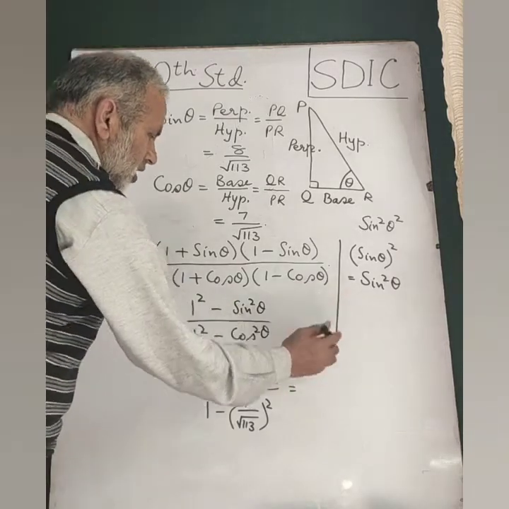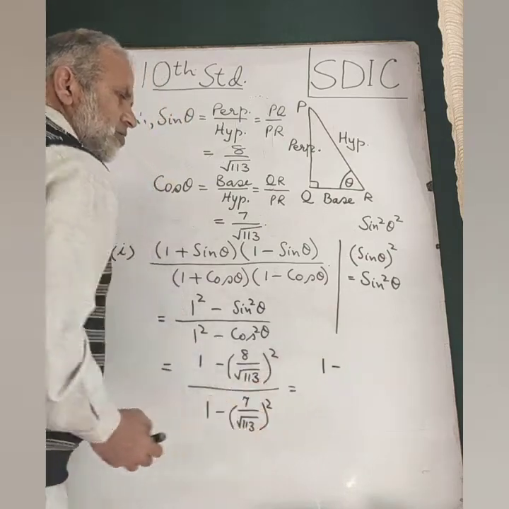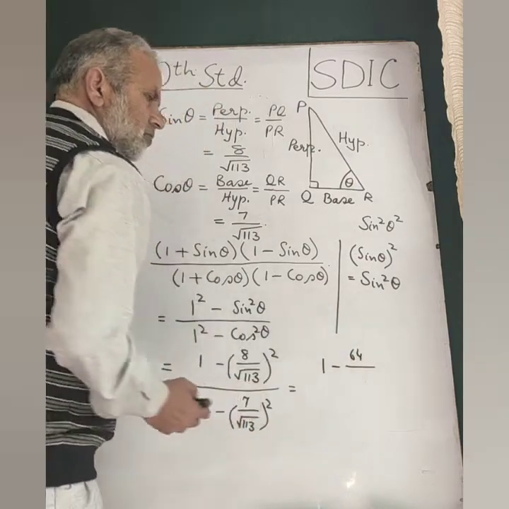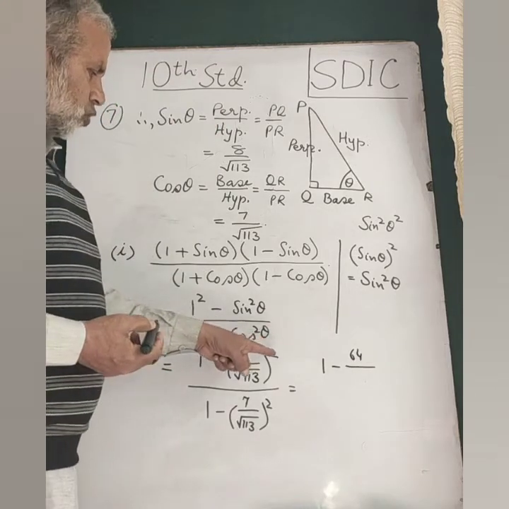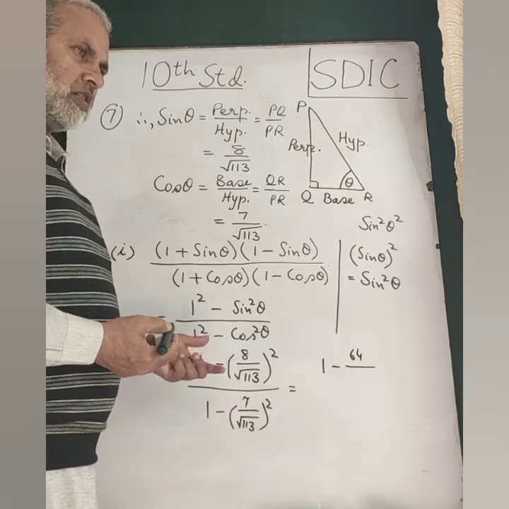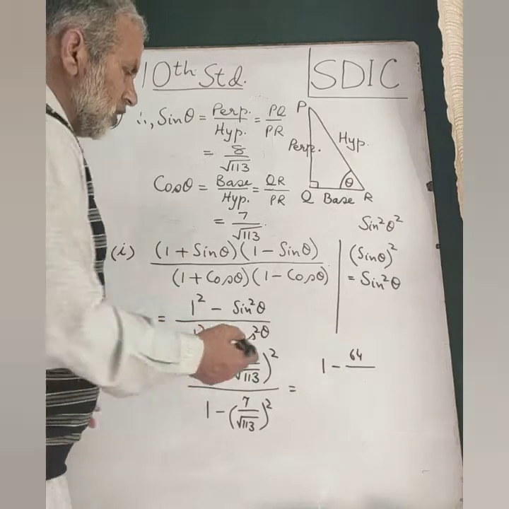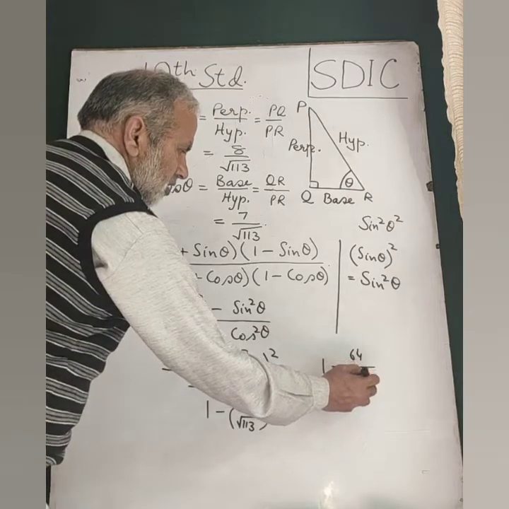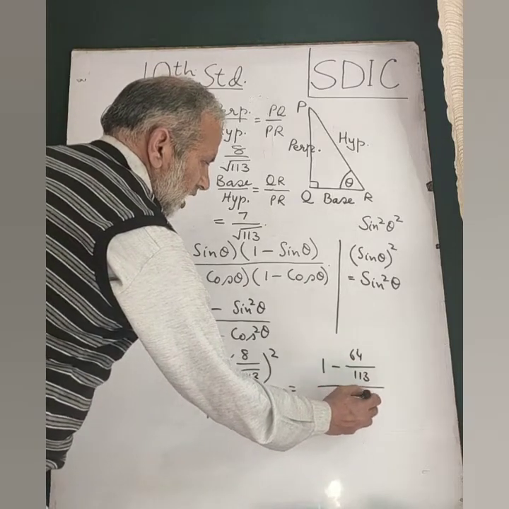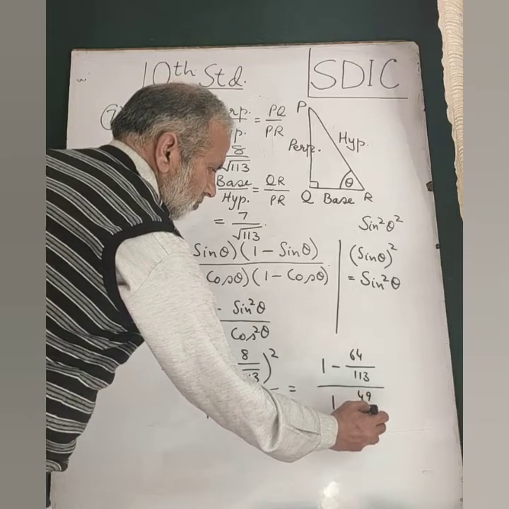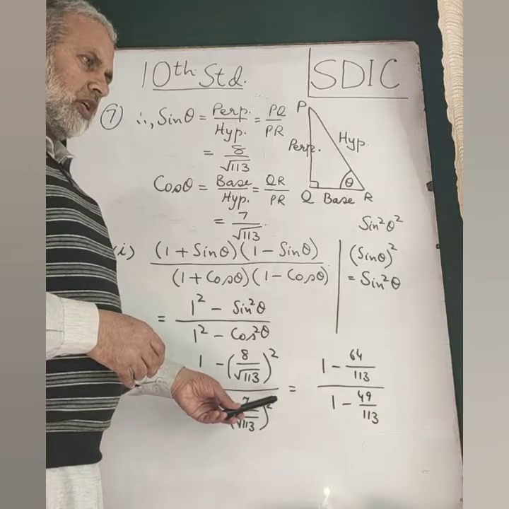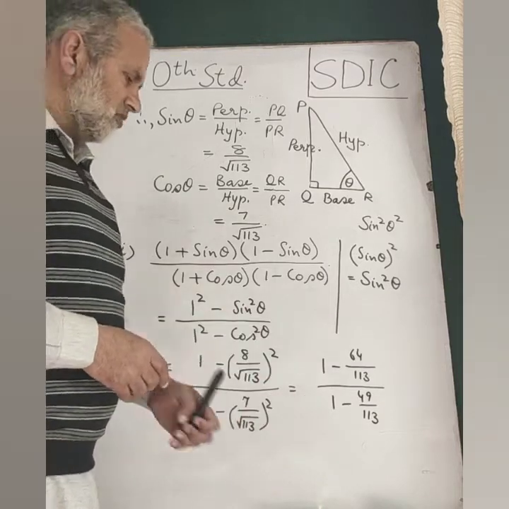This will therefore give us 1 minus 64. Square of 8 is 64. Divided by, when you square this square root of 113, here square and root will cancel. Concept you have already read. So what will we get? It will be 113. Whole divided by 1 minus 49 by 113. 7 square is 49, and here square will again cancel with root, 113 will be left.